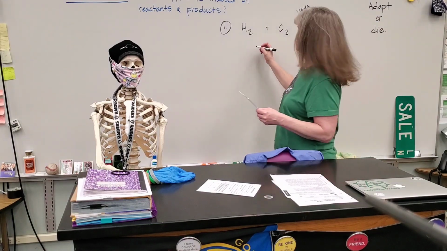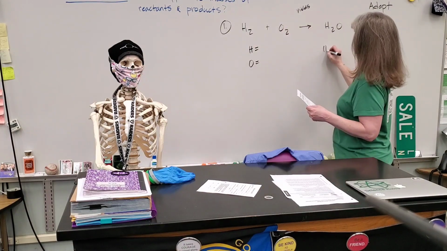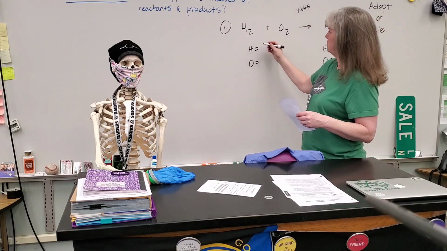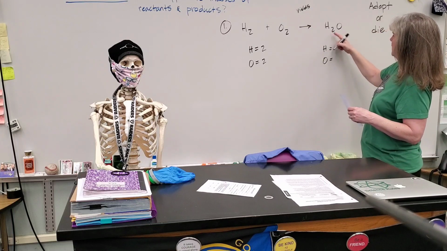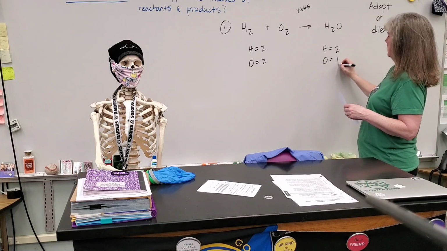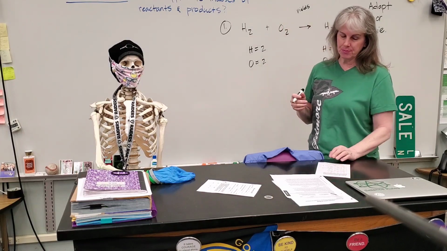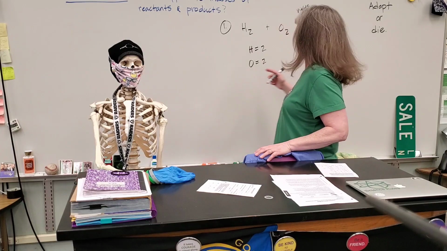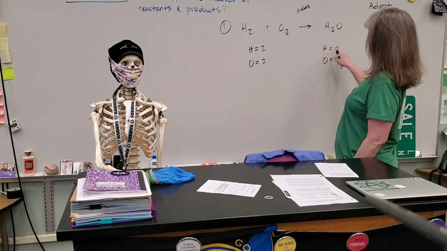And then you're supposed to figure out how many of each there are. So there are 2 hydrogens and 2 oxygens on one side, and 2 hydrogens and only 1 oxygen on the other. So it's not balanced. According to the law of conservation of mass, it has to be balanced. So we need another oxygen over here.